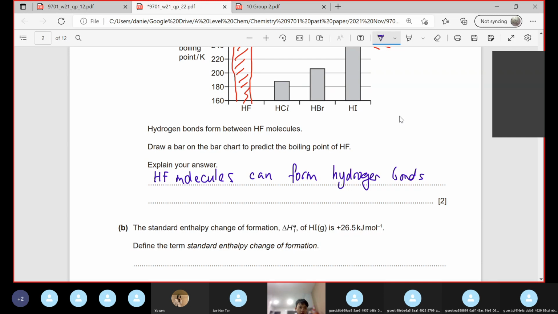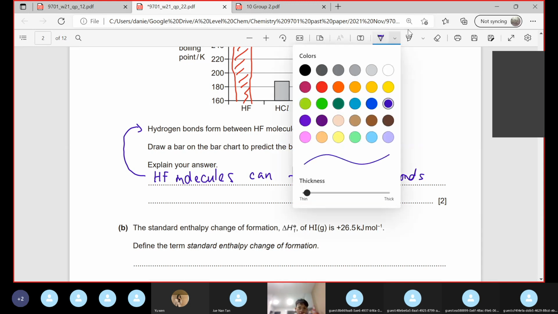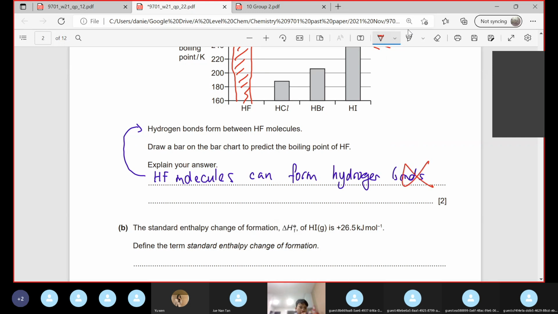As the question already told you that hydrogen bonds form between HF molecules. So yes, I know this is kind of an answer when you want to explain something, but if you write this, it seems like you are copying the statement from the question. So you are not answering the question. So no marks. Then what are we going to write?